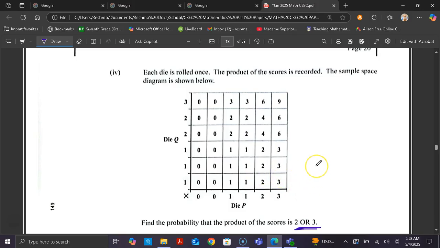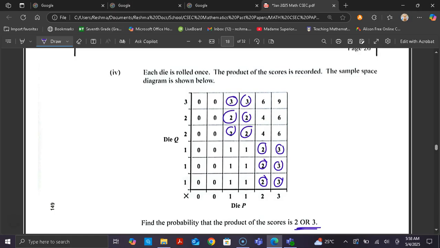All right, so let's look at the 2's. So we have 1, 2, 3, 4, 5, 6, 7. Okay, and let's count the number of times that the product of the scores is 3. So that's 1, 2, 3, 4, 5.